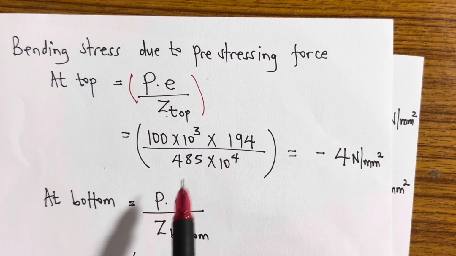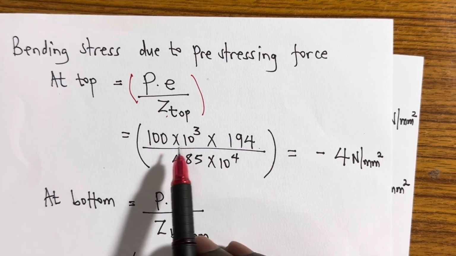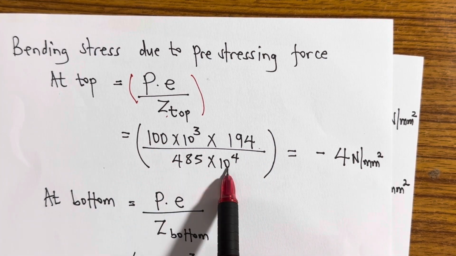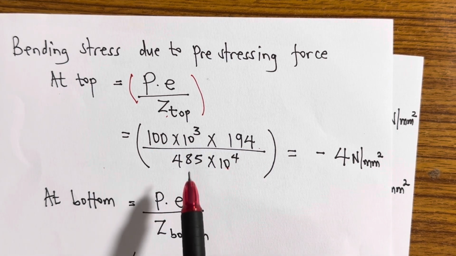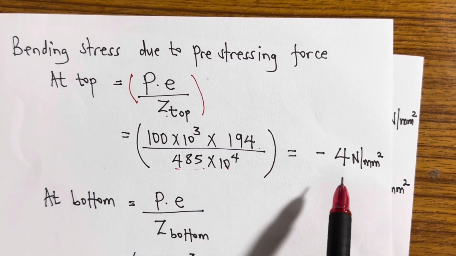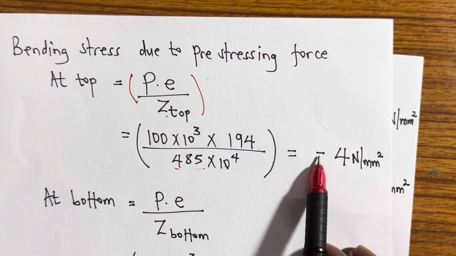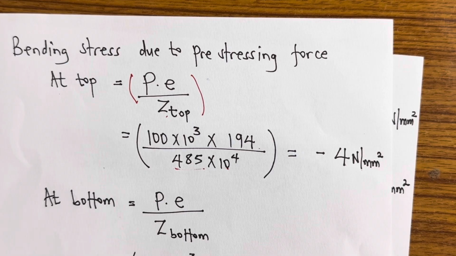Whether from the top or bottom, eccentricity is the same because the force is acting at 100 kilonewton. So you need to know the distance from where the force is acting up to the centroid. Eccentricity is 194. From the top, the only thing that is changing is 485, which is the Z value. Top, the Z value is different. Bottom, the Z value is different. So we're getting negative 4 Newton per millimeter square. You ask me, how did you get this negative? When we get to the stress distribution diagram, I'll show you why it is negative and why it is drawn like that.